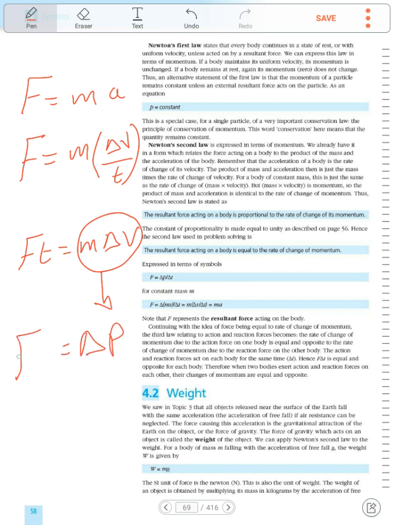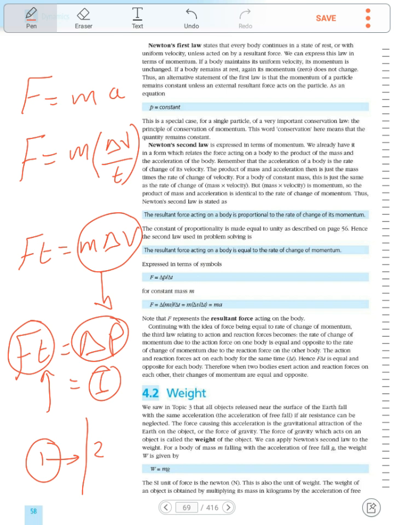It is equal to the force multiplied by time. This time is the time of contact between object 1 and object 2, maybe a wall or another ball, and this is equal to the impulse. So the impulse equals force multiplied by time, or the change in momentum.